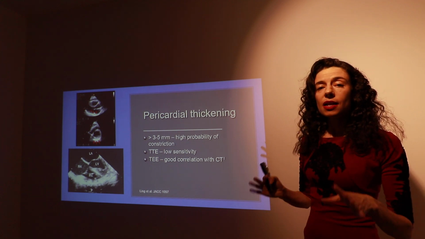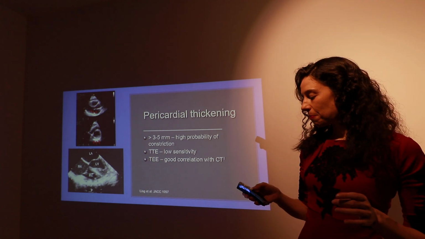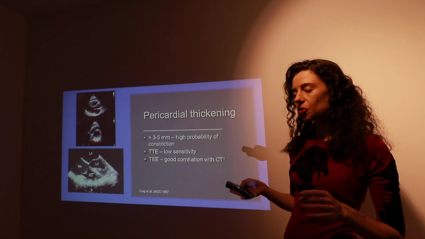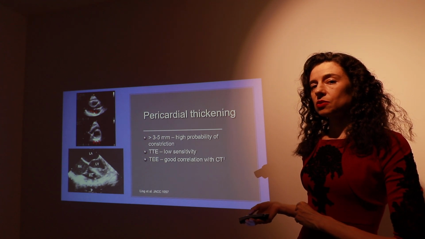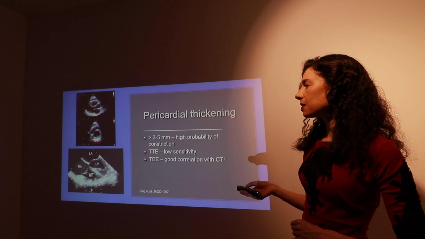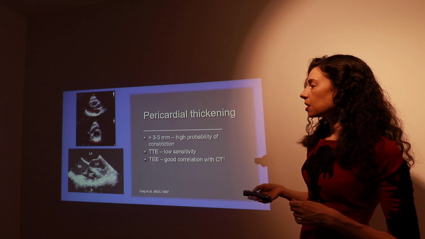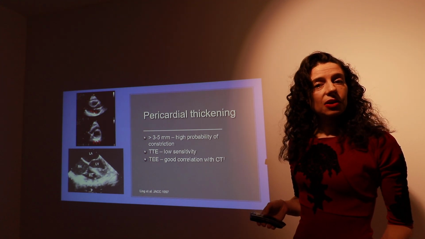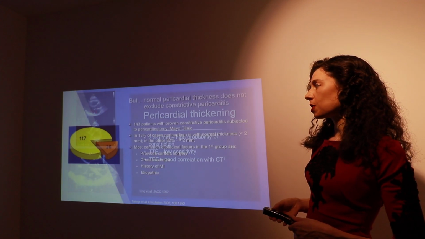So let us start with echo. It would be very, very easy if we could see a pericardial thickening during echo. It is more easily seen with transesophageal and less easily seen with transthoracic echocardiography. You could see it here. A pericardial thickening of more than 3 to 5 millimeters is very specific for constriction.